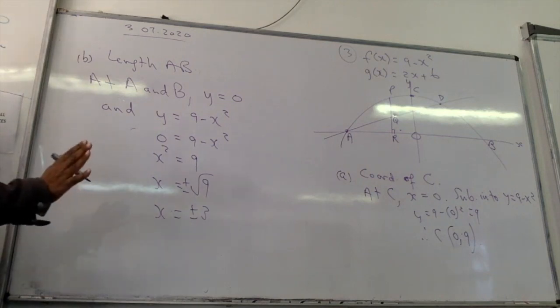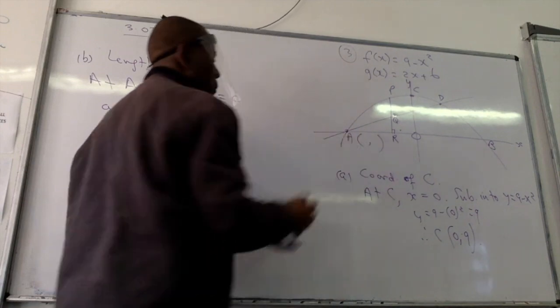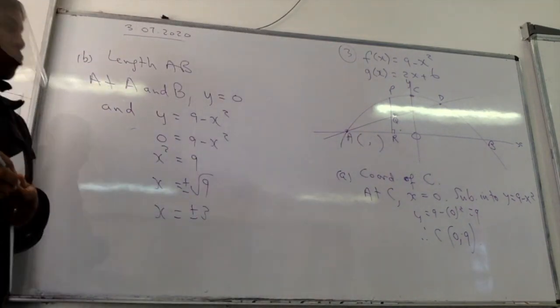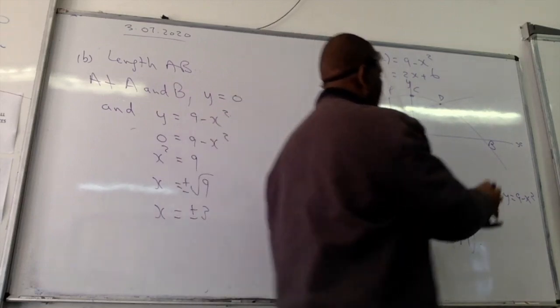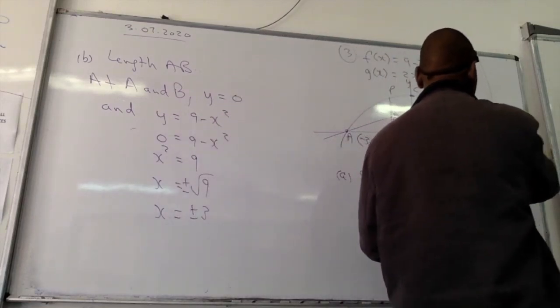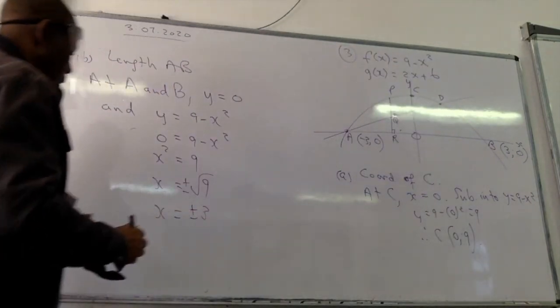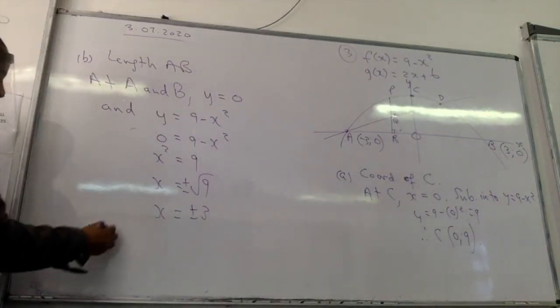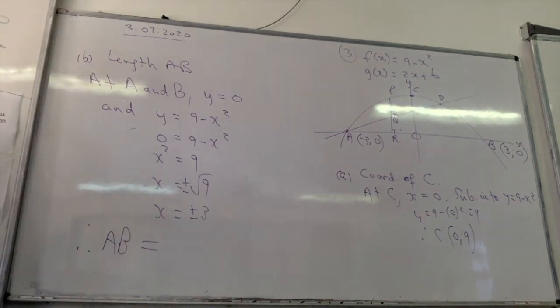We don't really need the coordinates of A, but you can give me the coordinates of A now. Should be (-3, 0). What about the coordinates of B? (3, 0). Okay, so therefore, what is the length of AB equal to? So the length of AB will be 6.